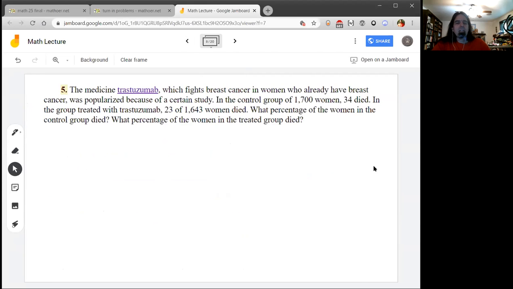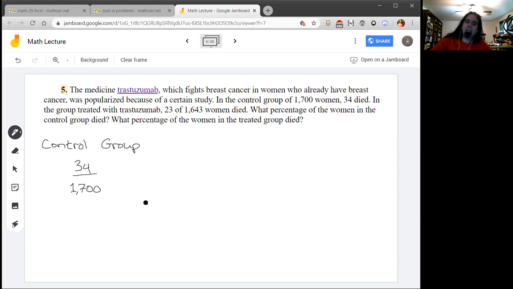Okay, so there's a medicine, and this is a big news event when it happened, but for now we're just treating it like a math problem. So in a control group, 34 out of 1,700 people would die of breast cancer.